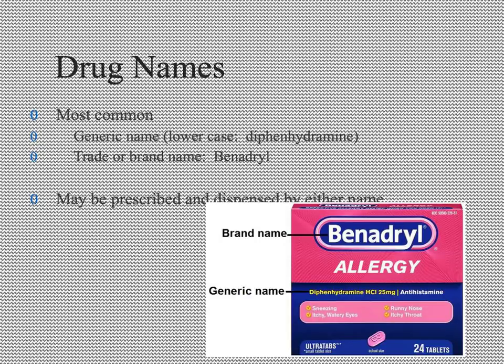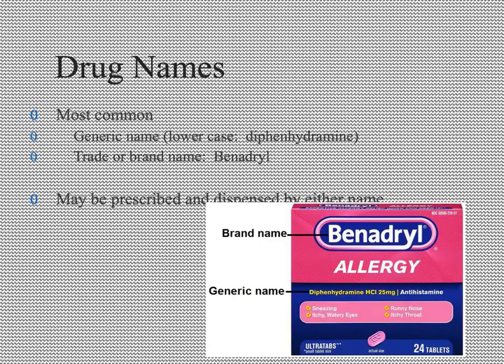Individual drugs have many different names, but the two that are most commonly used are the generic name and the brand name. The generic name is related to the chemical or official name and is independent of the manufacturer.